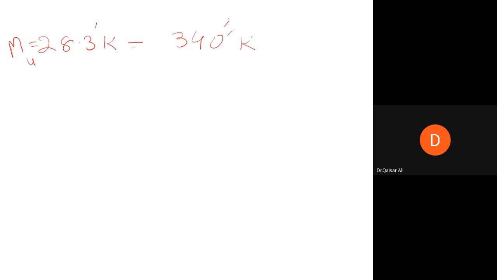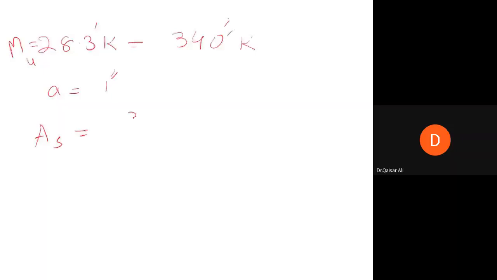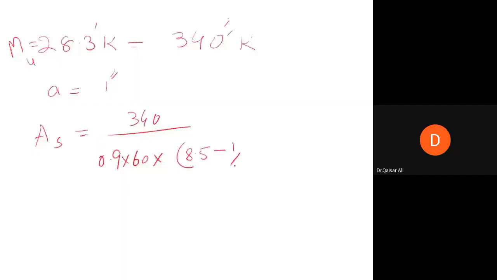We will assume small a in the beginning is 1 inch. Calculate As is Mu, 340, divided by 0.9, divided by fy, times d minus a divided by 2.